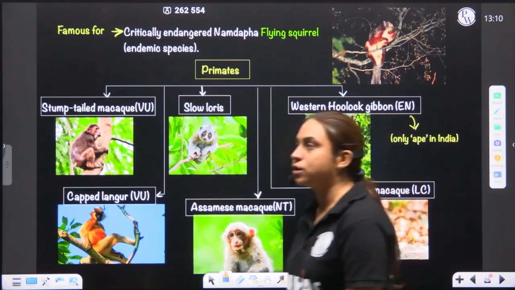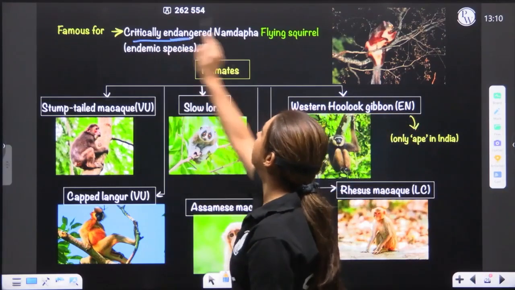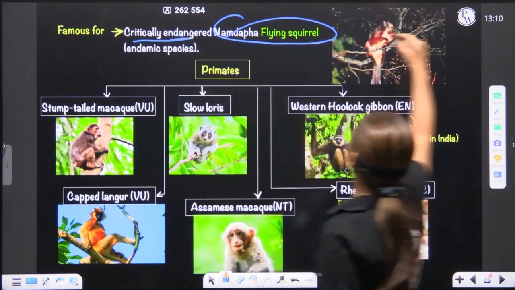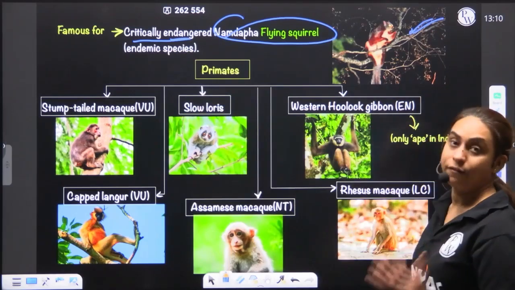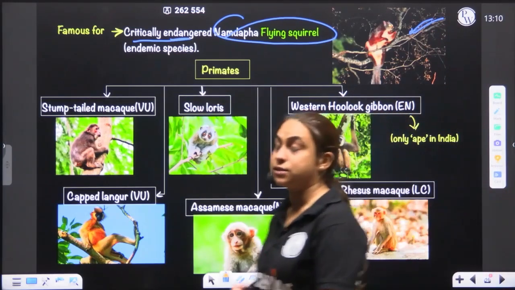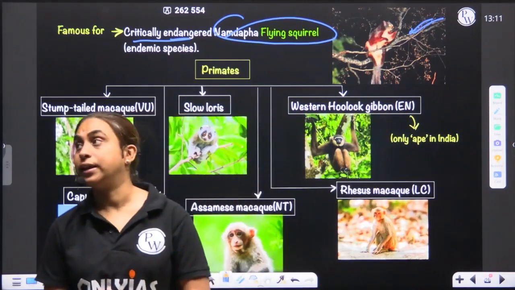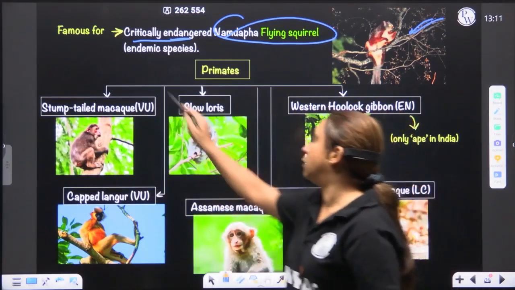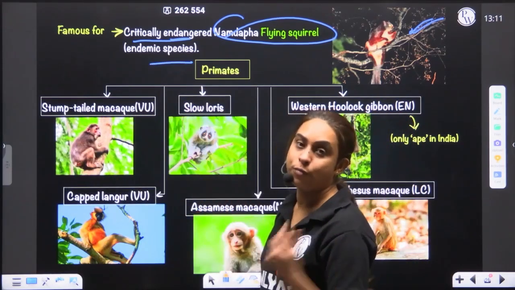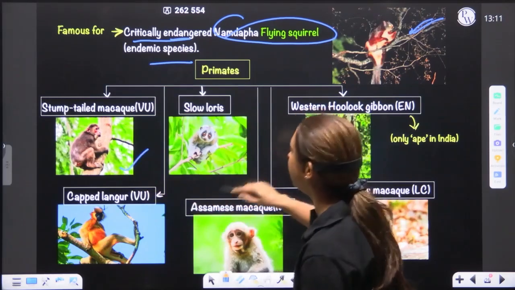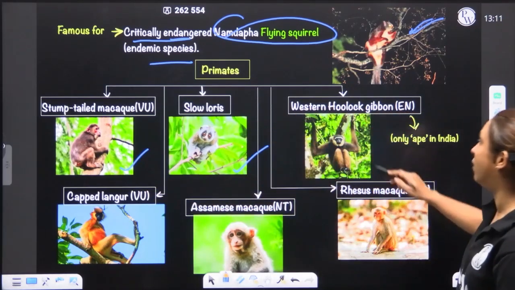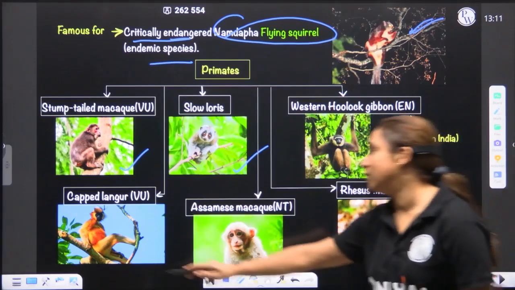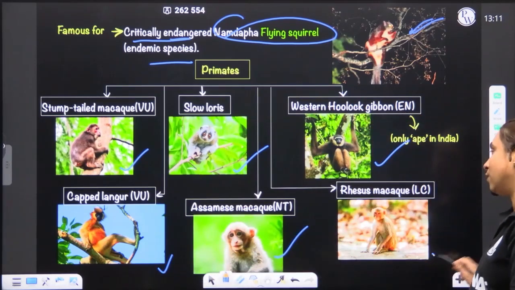They are famous for species like the critically endangered Namdapha flying squirrel. So the flying squirrel is there, very important, very interesting. It is critically endangered. It is an endemic species that is found in Namdapha National Park. Apart from that, you have a lot of primates. You have stump-tailed macaque, you have loris, you have hoolock gibbon, you have langur, you have Assamese macaque, you have rhesus macaque.